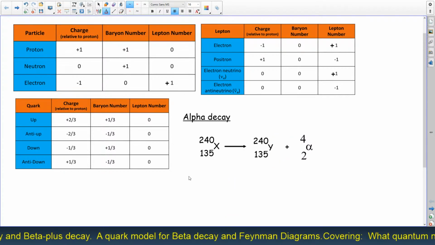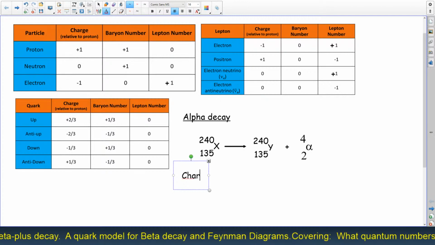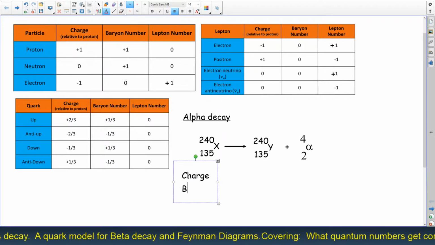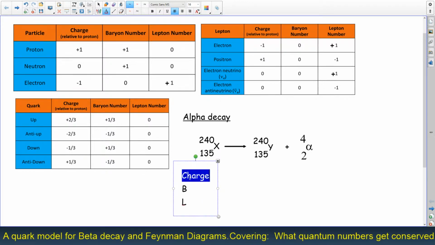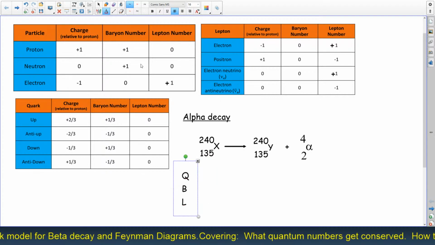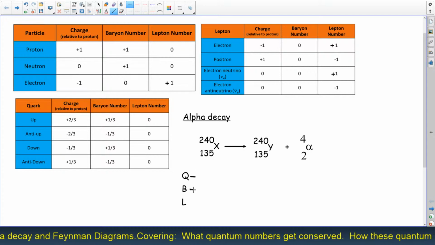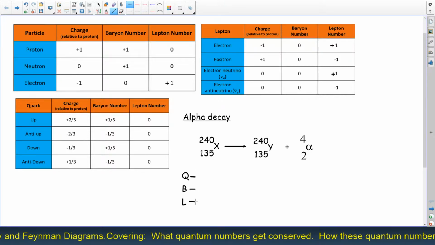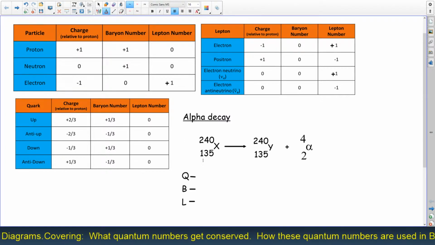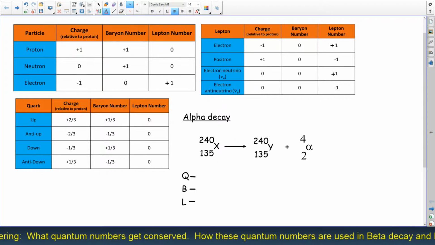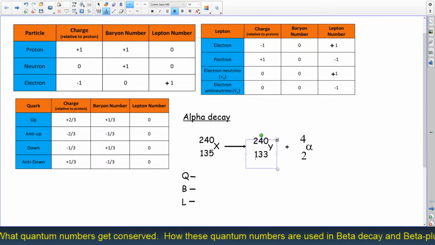But what we're going to take a look at here is charge, baryon number, and lepton number. And we'll call that Q for charge, because that's what we should be doing. So our left-hand side of the equation and our right-hand side of the equation should add up to be the same thing, we hope. Now, we're dealing with just nuclei, and that should be a 133.